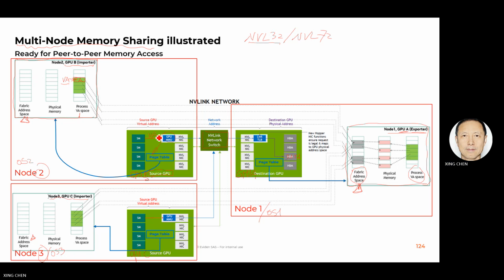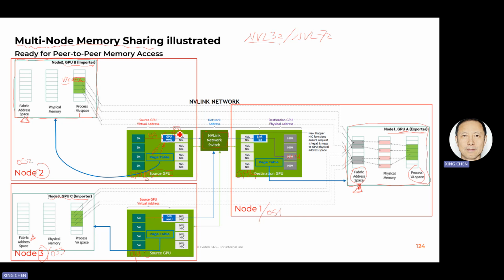And then the result will be back to the GPU memory management unit. The memory management unit is going to find out, oh, okay, this virtual address points to a fabric address. It's not pointing to a local memory address, so it's a fabric address.